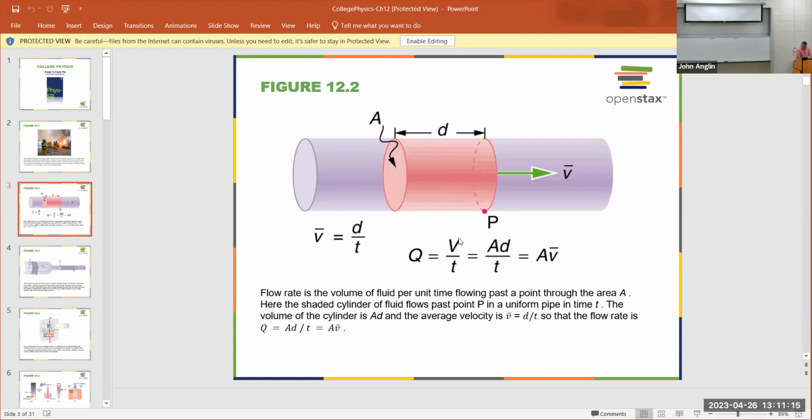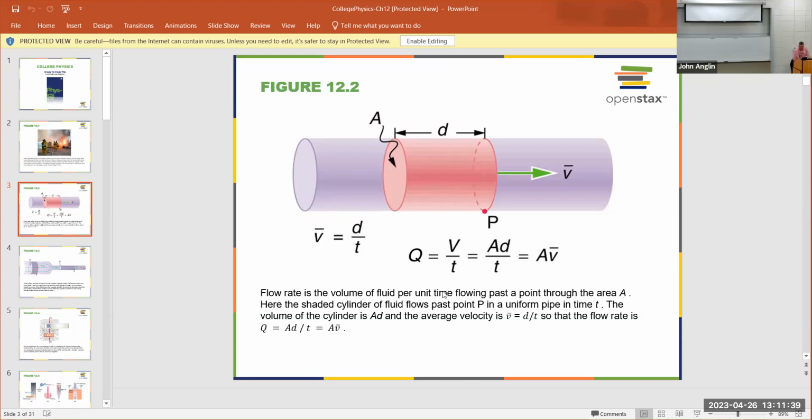Thus, we can replace volume with area times distance here. We didn't do anything with time, so we get area times distance over time. Well, that's interesting, because I've already defined that distance per time is velocity. So I can do another substitution and say distance over time is velocity.